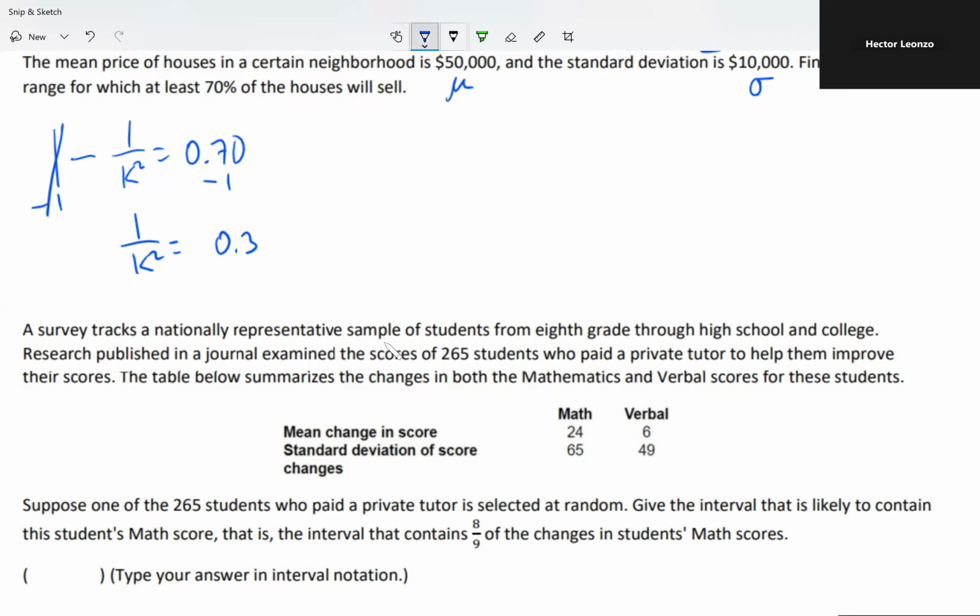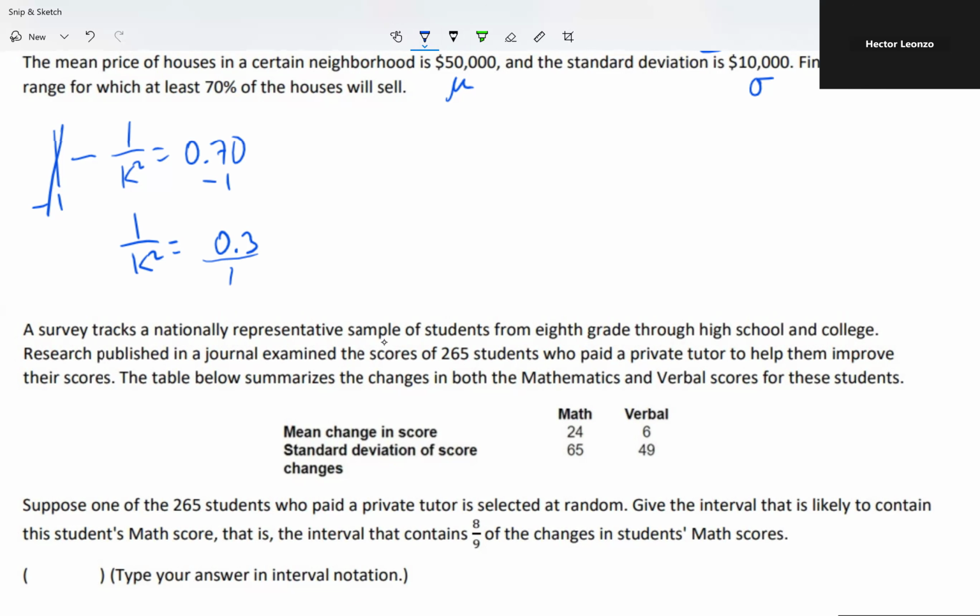Now I want each side to be a fraction, so let me write 0.3 as 0.3 over 1. You might write it as 3 over 10, which is fine.